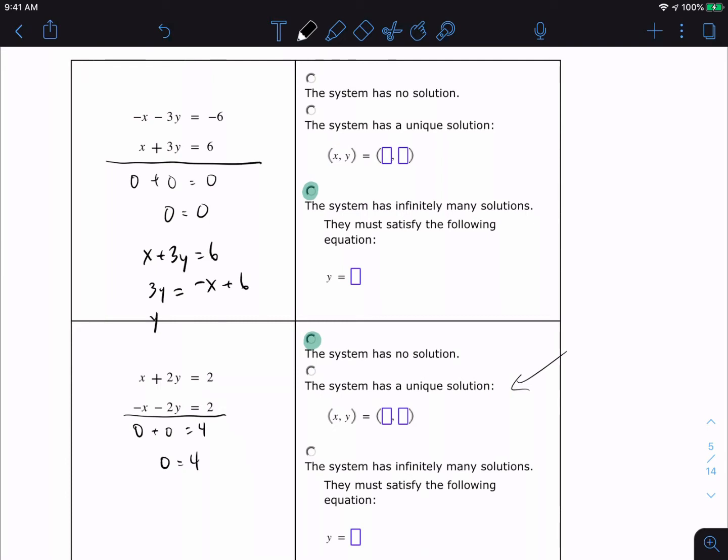Then dividing by 3, I'm going to get y is equal to a negative 1/3 x plus 2. And so this would be y is equal to a negative 1/3 x plus 2. Does that make sense? Yeah. So thank you. I didn't see that second piece.